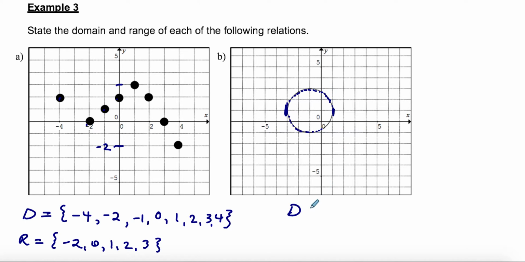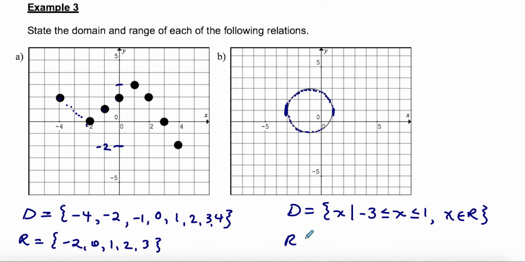So the domain for this circle is equal to the set of x such that x is in between -3 and 1. And x is an element of all real numbers because we're talking about everything in between the integer values as well. Notice over here I didn't have to say x is an element of all real numbers because I am not including any of the points in between, because these points are not connected on that graph.